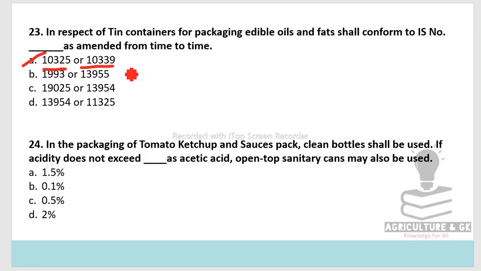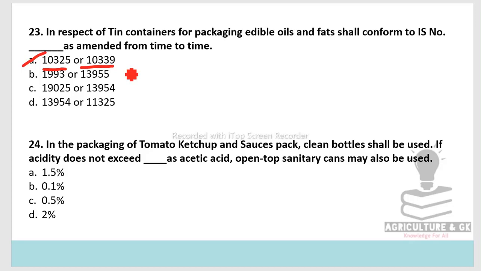Now moving next. In the packaging of tomato ketchup and sauces pack, clean bottles shall be used. If acidity does not exceed blank as acetic acid, open top sanitary cans may also be used. So we know for the ketchup packaging, tomato sauce ketchup and sauces pack, we should use clean bottles.